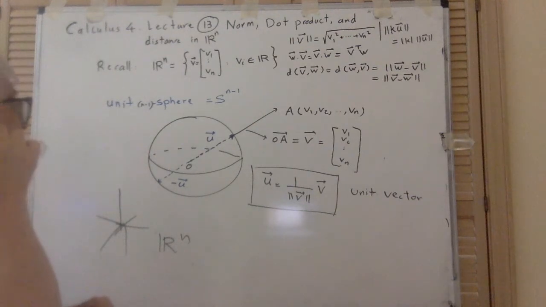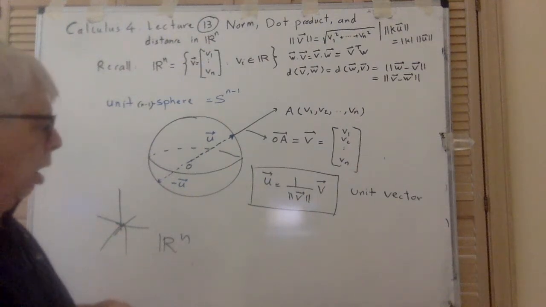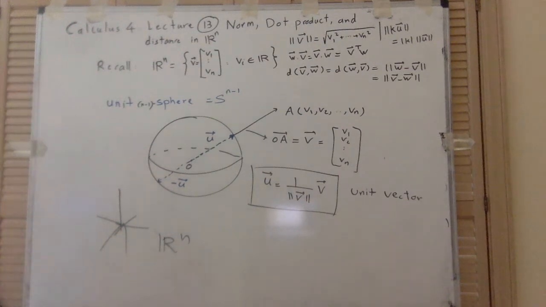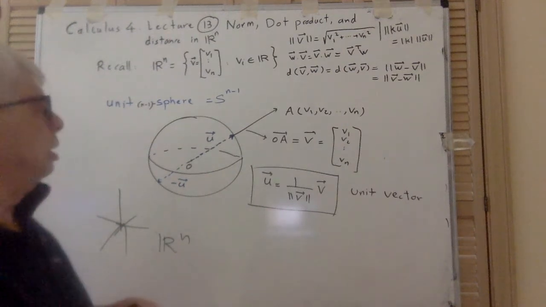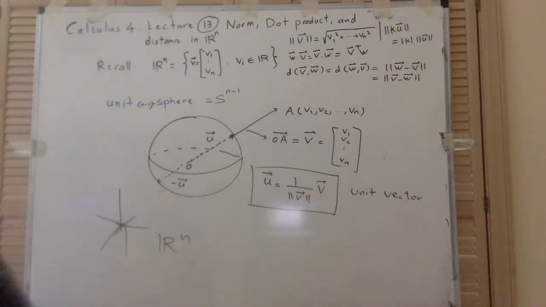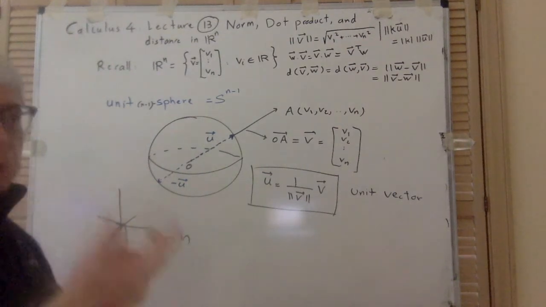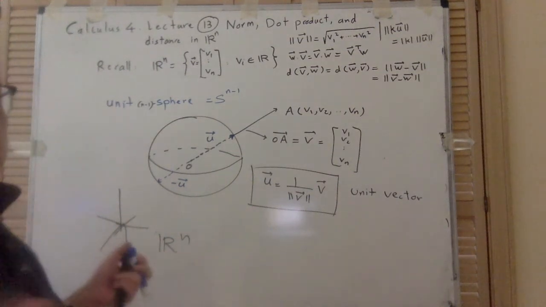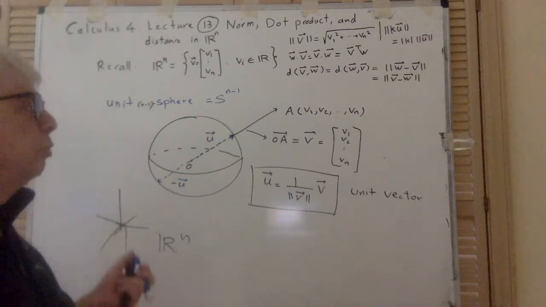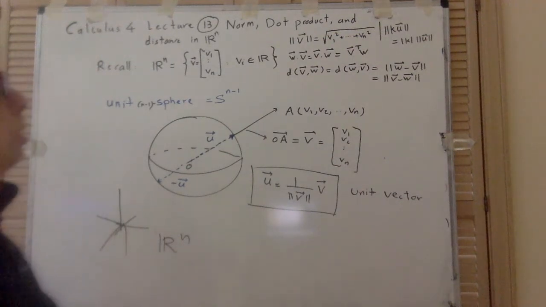Okay, so that's how you find unit vectors, and you will see how unit vectors become important in just everything that we study. In fact, unit vectors are like units of measurement. It's like the meter, for example. 1 meter, or 1 inch, or 1 foot, or 1 degree, say, Fahrenheit or Celsius.